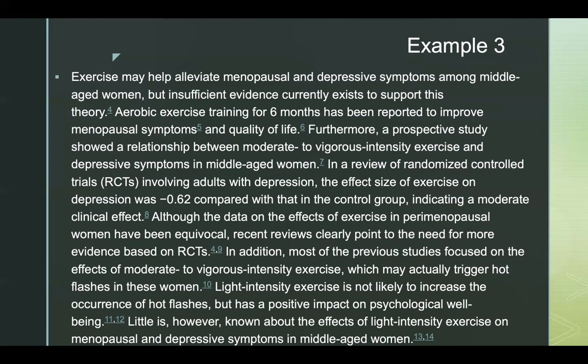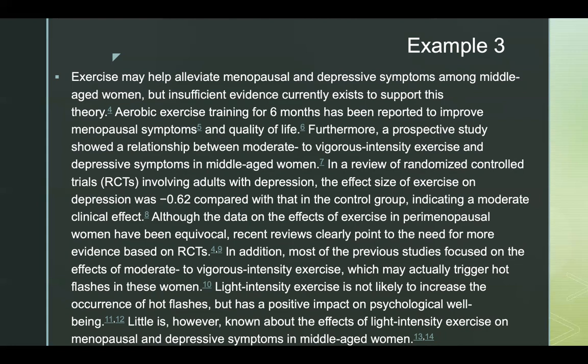So exercise can alleviate menopausal depressive symptoms. We know that, but we don't have enough evidence to support it. And so we've looked at aerobic exercise. We've looked at moderate to vigorous intensity exercise in depression.